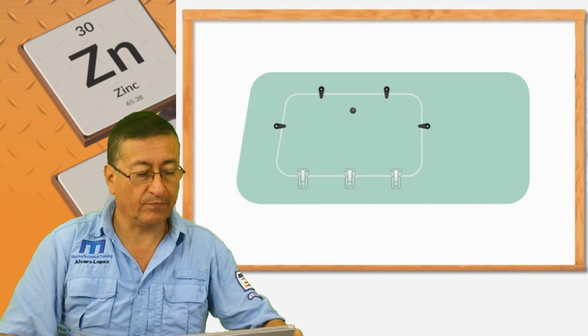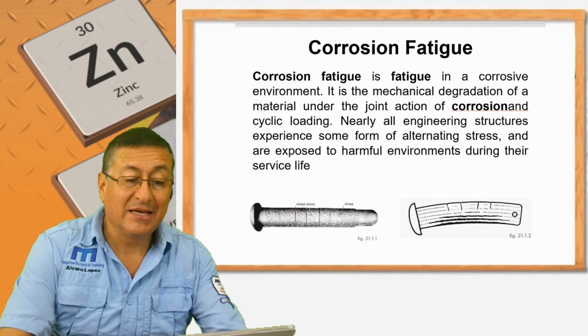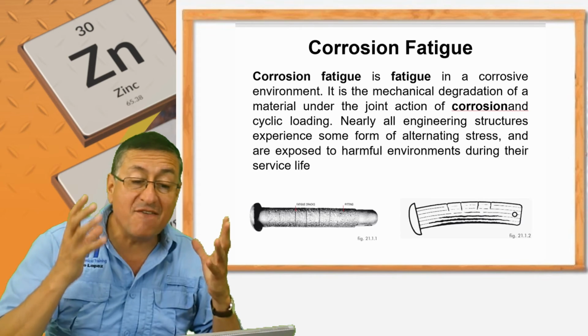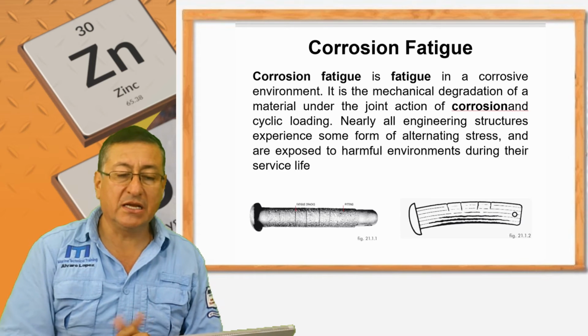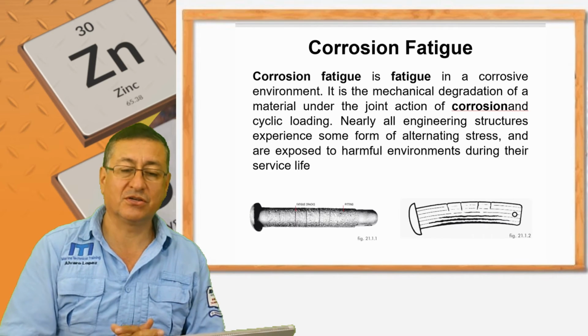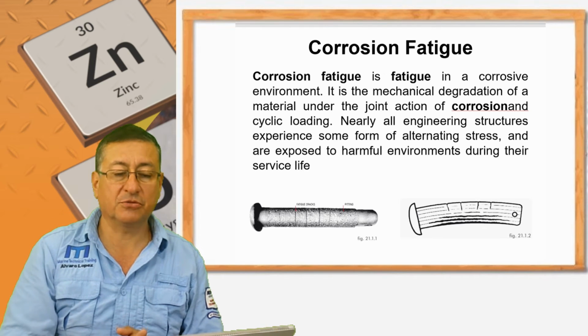This is very common. Yeah, corrosion fatigue. Yes, it's fatigue in a corrosive environment. It's the mechanical degradation of the material, because of the corrosion and the cycling load, like I explained before.